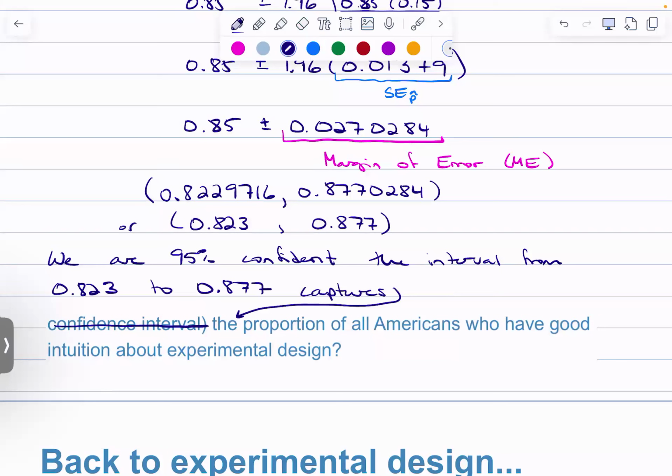captures the proportion of all Americans who have good intuition about experimental design, period. Not a question anymore. I snag the question for 2 reasons. One, I don't want to write it out.